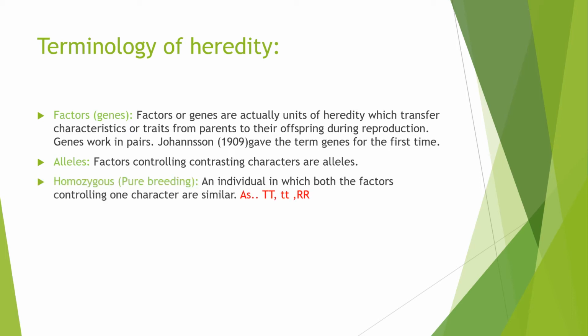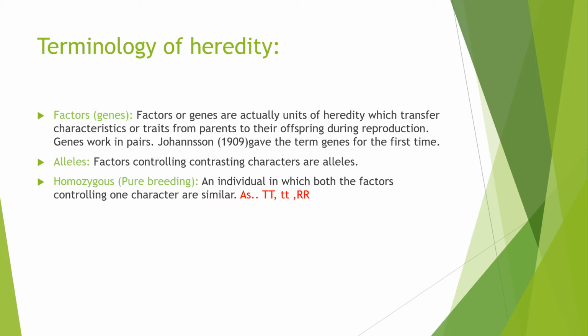Now homozygous. If the character which you are taking has both units the same, then these are homozygous or pure breed. An individual in which both the factors controlling one character are similar, as in the example I have given with the red mark.